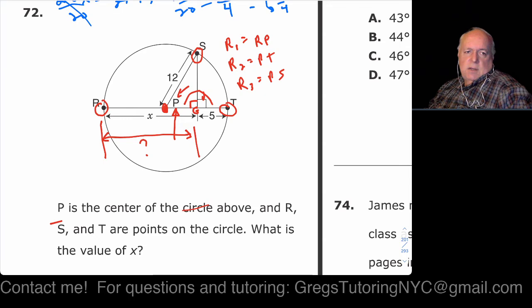Okay, so how is that important? Okay, let me change the color of the pen here. It's important because if PS here is 12, and these are all radiuses, then they're all equal to 12.